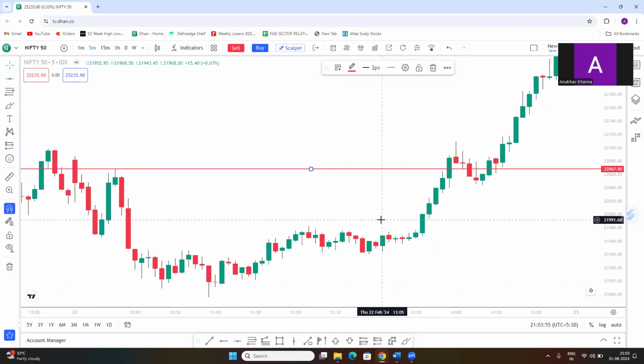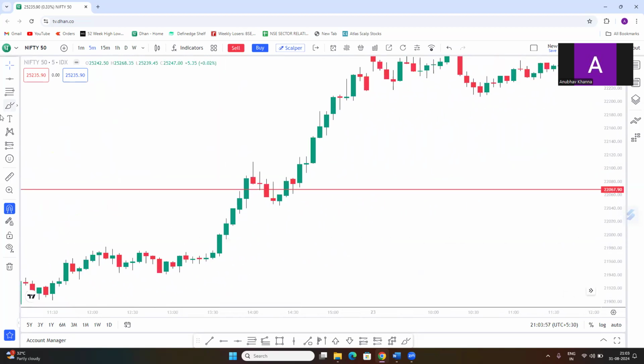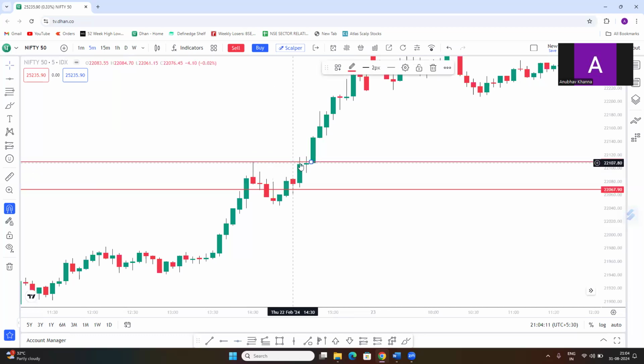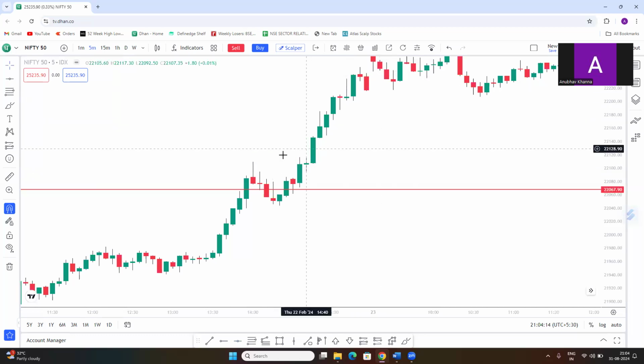Now, during the same day, if you were patient enough, see what happened: price broke my swing. Was there any red candle? No, I cannot put any stop loss. However, prices broke again and I have a swing. Prices make a new higher high here, and broke this candle also. So I have a confirmation that prices are bullish now.